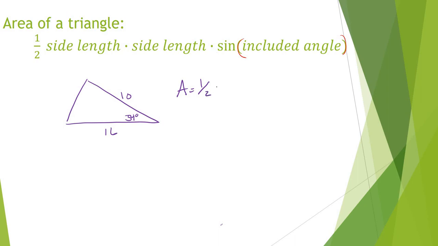So the area is 1/2 times 10 times 16 times the sine of 54 degrees. Put all that in your calculator, you will get 44.735. Okay, so a little bit of trig, finding our angles for the regular polygons, and then a new formula to find the area of a triangle if you don't know a perpendicular height, but you have an angle and two adjacent sides.